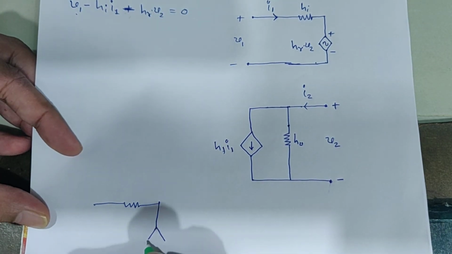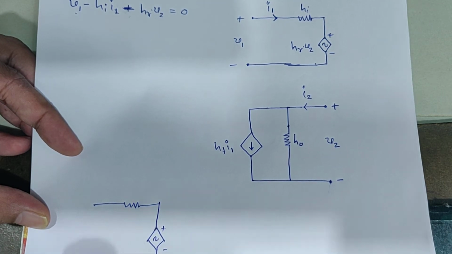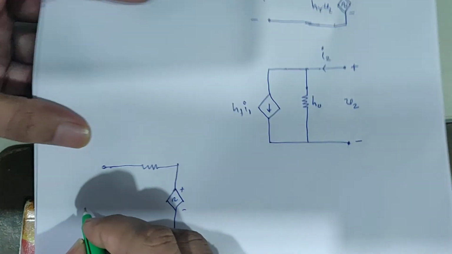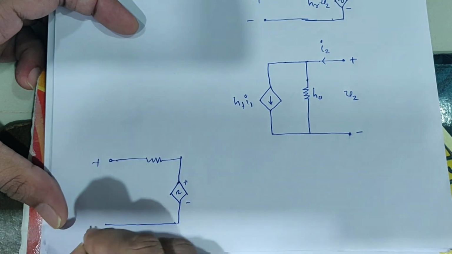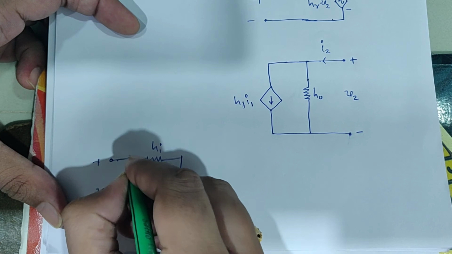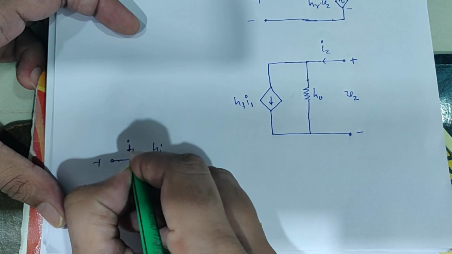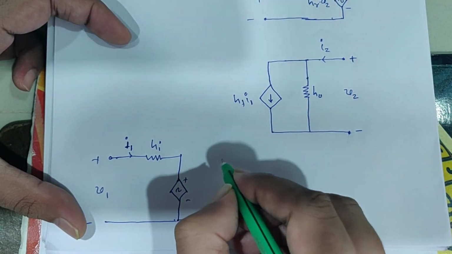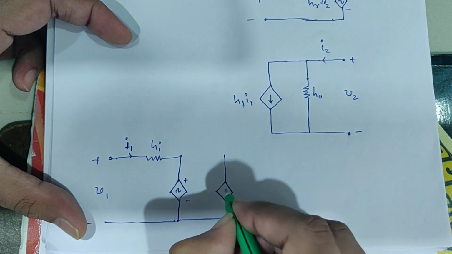This is a dependent voltage source. Here we are applying voltage V1. This is HI. This is current I1. Now this is the dependent current source.